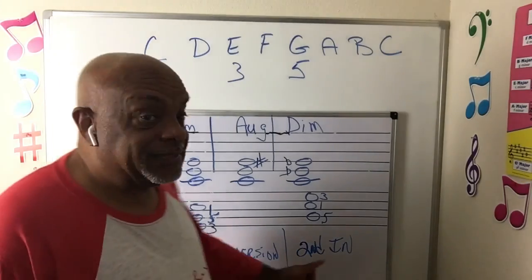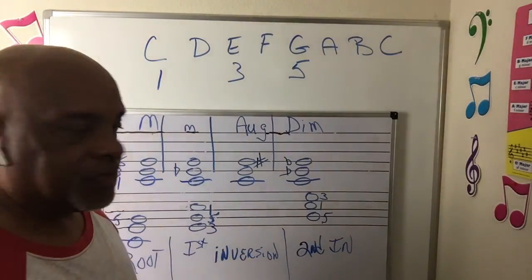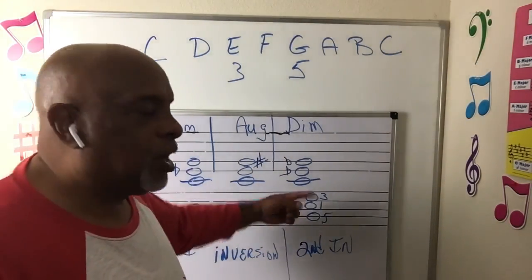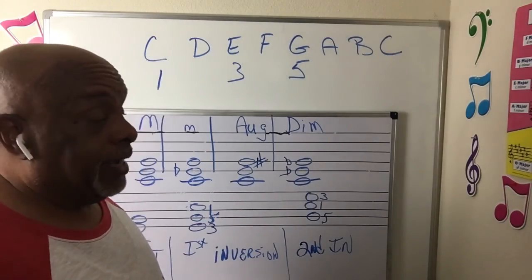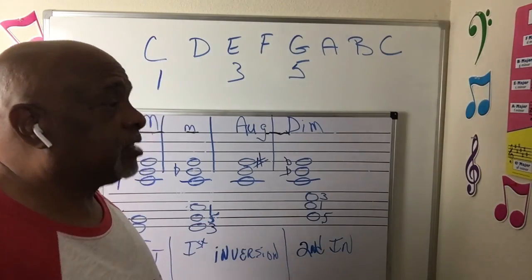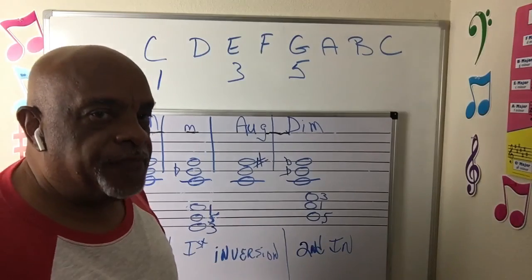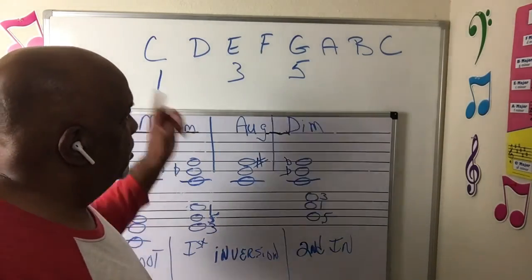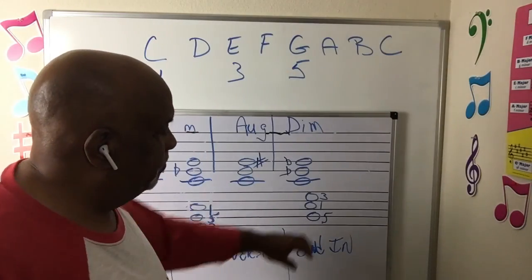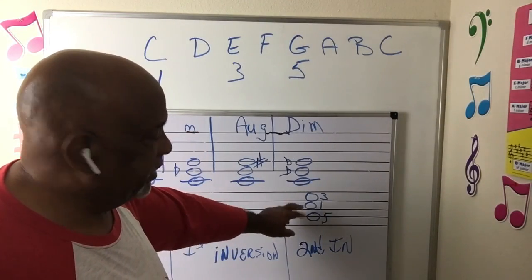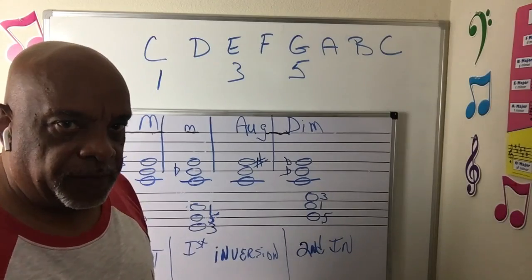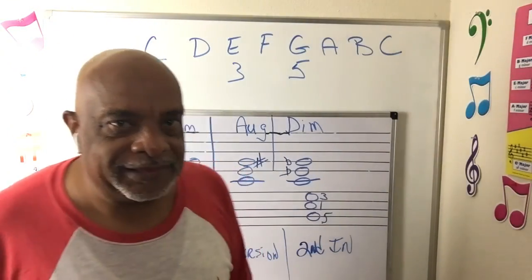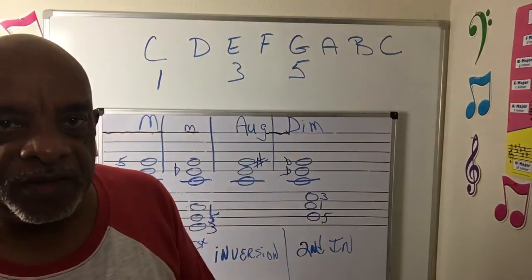Second inversion is 5, 1, 3 in any key. In the key of C, it's G, C, E. Those are the triads that we dealt with in our last session.